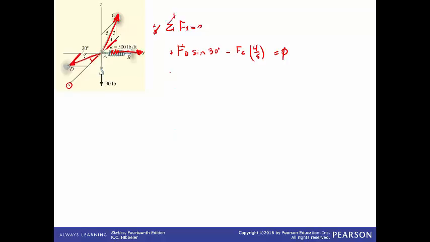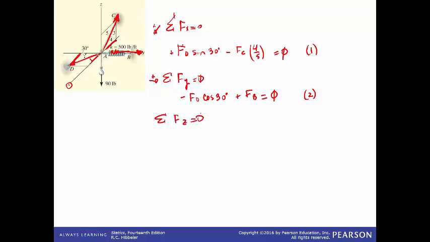So I have all my forces in X. Let's do the sum of the forces in Y equals 0, and this is positive. So we have FD again, times cosine of 30 degrees, and this is negative. And then I have the force in B, which is the spring, equals 0. So this is my second equation, and this is my first equation.